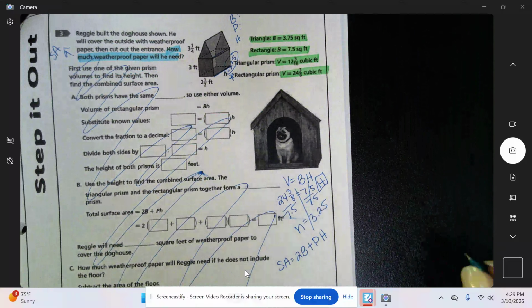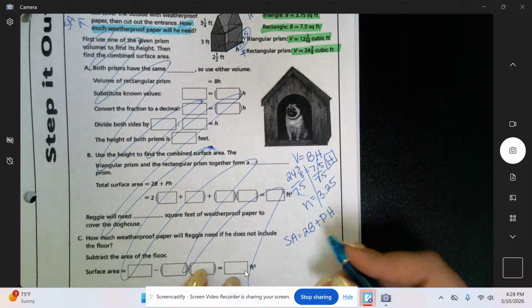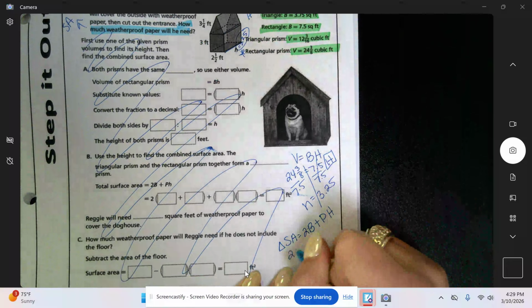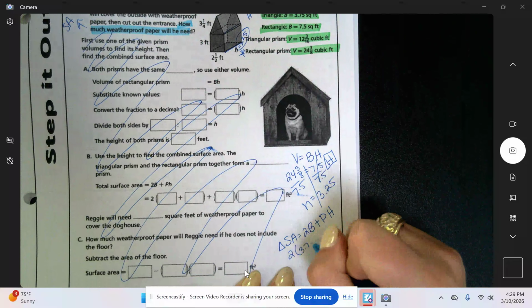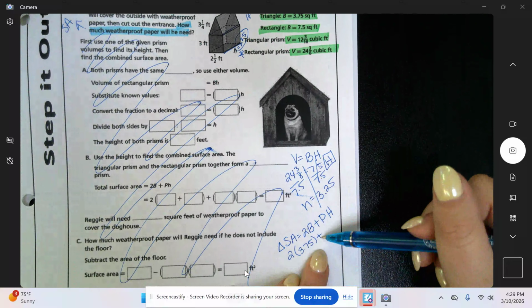Let's do the triangle first. So 2 times the area of the triangle, which is 3.75, plus the perimeter of the triangle.